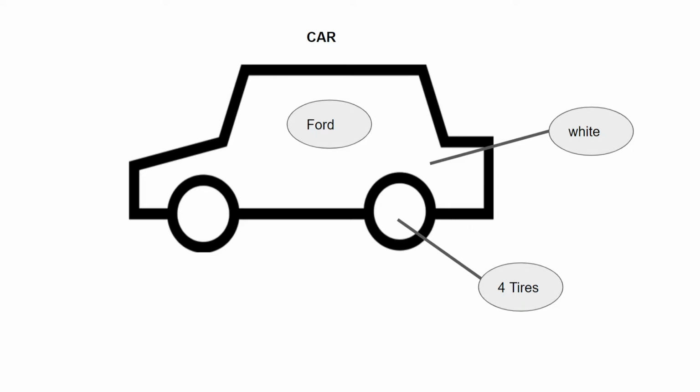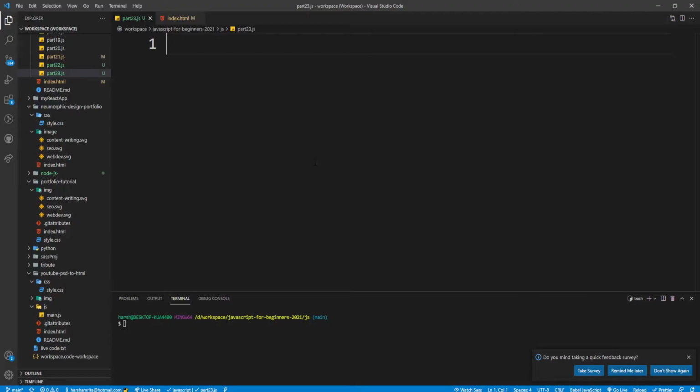Now let's discuss the syntax and the use of objects in JavaScript code. So let's jump into our VS Code. An object is declared just like an array, but with a slight difference. We use let, const, or var for the declaration.